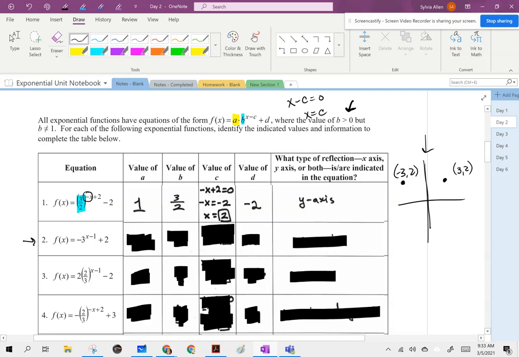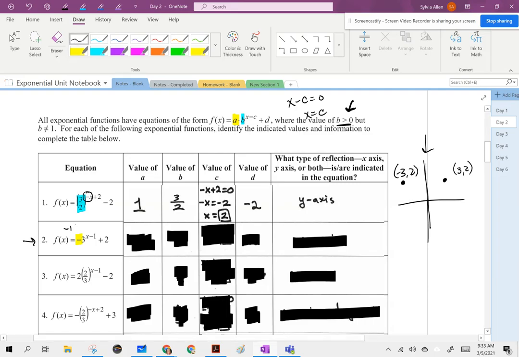What is the value of A? And now there's a difference between -3 to the power of x, which they actually said b is greater than 0. So in this case, this negative, you can kind of think about it as a -1.